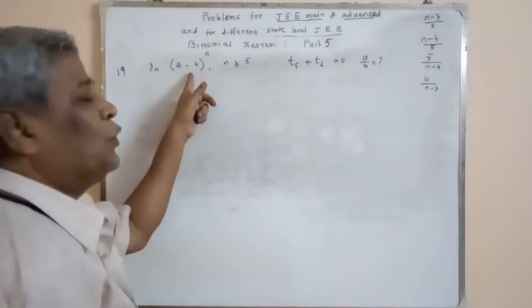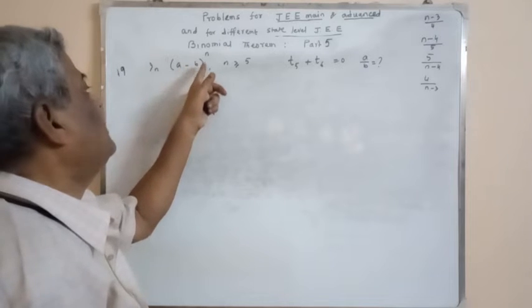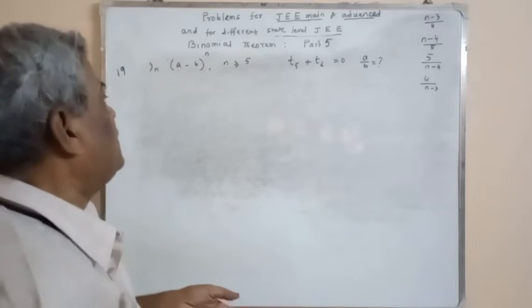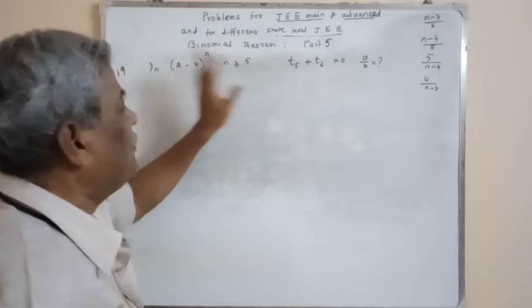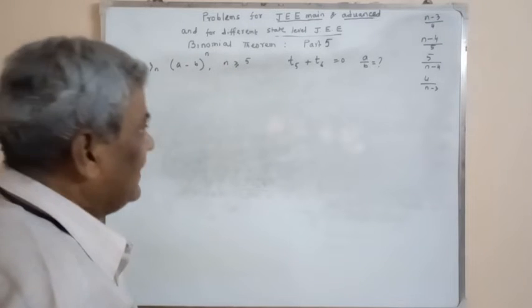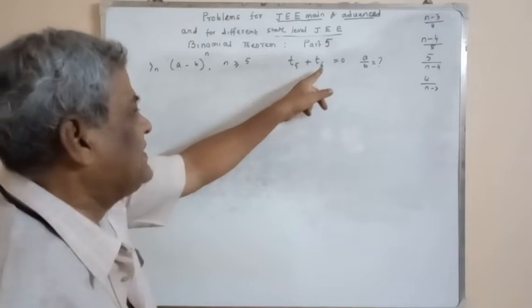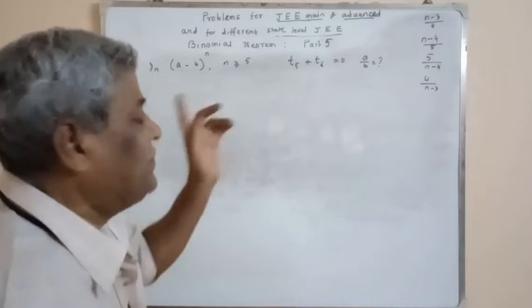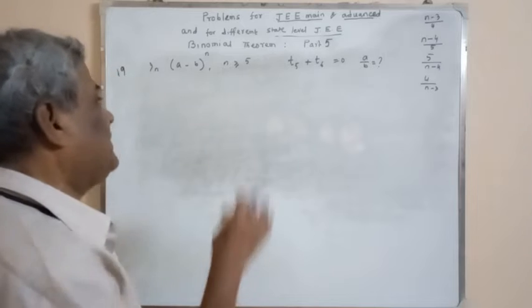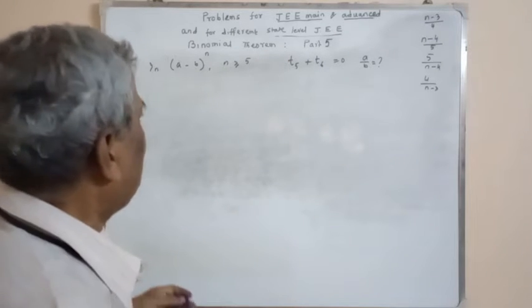Problem is, this is a binomial (a minus b) to the power n, n is a positive integer and n is greater than or equal to 5. In that case, given that the sum of the fifth and sixth term is 0, then a by b how much?